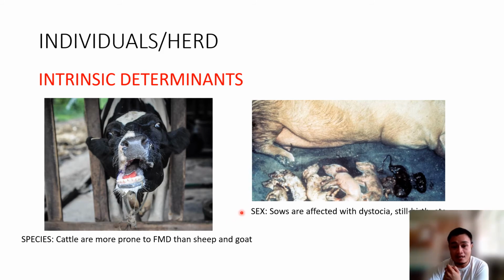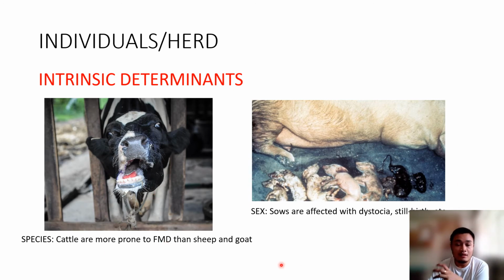And with regards to sex, of course, dystocia, stillbirth, reproductive problems in sows are more likely or only occur in females. You do not hear stillborn or dystocia in male or in boar because they are not the ones carrying, they're not the ones giving birth to the piglets, right?